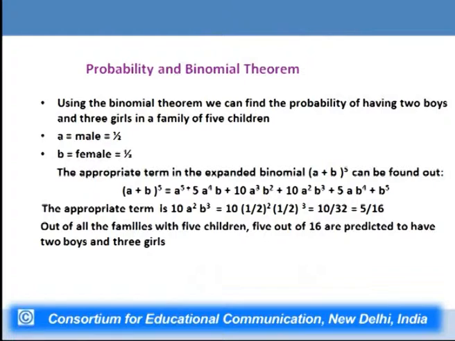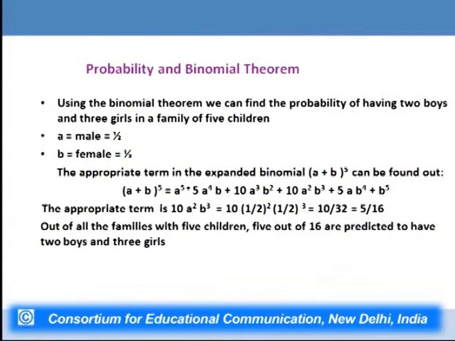Now, using the binomial theorem, we can find the probability of having 2 boys and 3 girls in a family of 5 children as an example. The probability of a male being born in any family is 1/2, and the probability of a female being born is also 1/2. So a is equal to 1/2, and b is also 1/2.